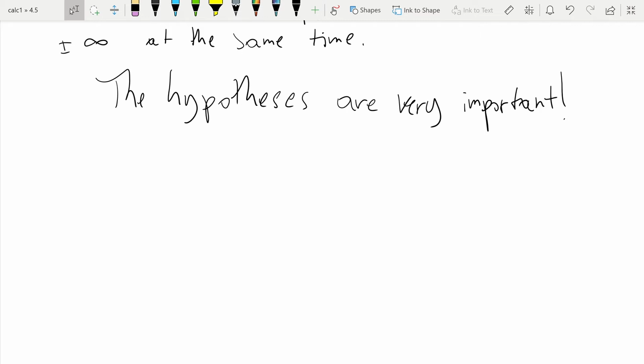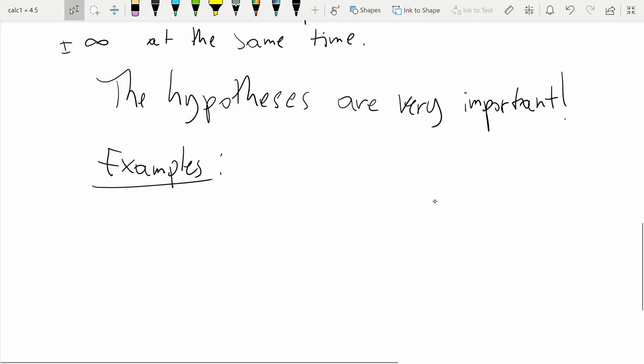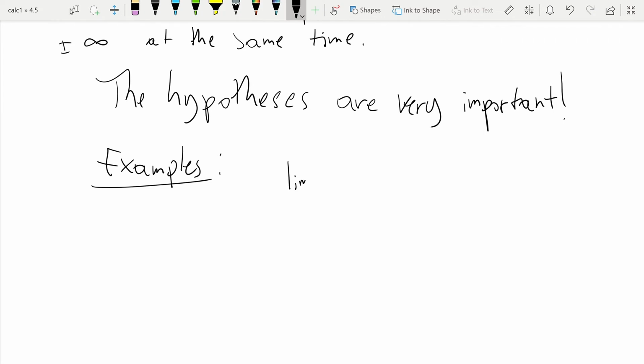We're going to see a few applications in the next video, but for now I can tell you for sure that there are situations in which you cannot apply L'Hopital's rule. So first, a few examples. Something that you're already familiar with is when you want to compute, say, the limit of 1 minus e to the x divided by sine x as x approaches 0.